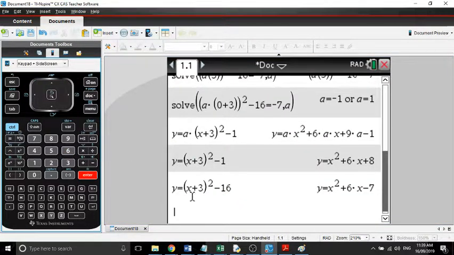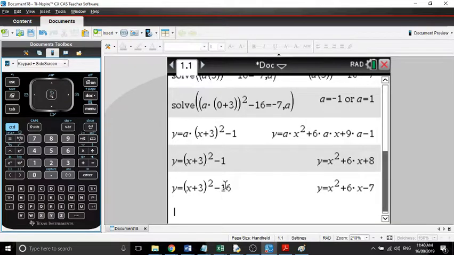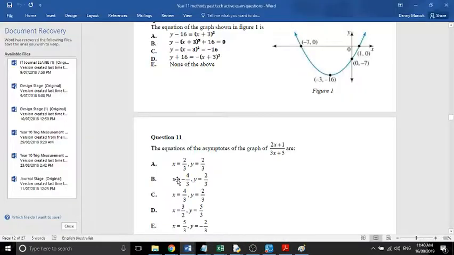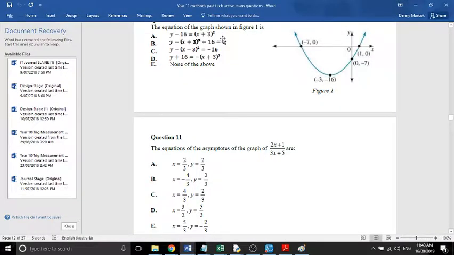Because of the form that we've got, we could bring that over to that side. It'll have to be y plus 16, doesn't work. So it's got to be this one here, so it ends up with B.